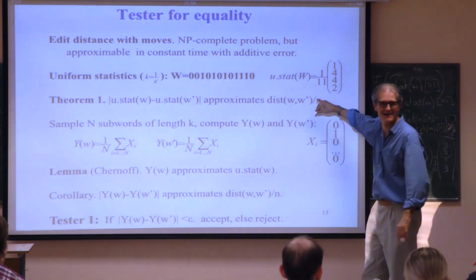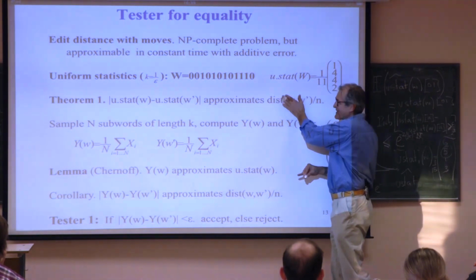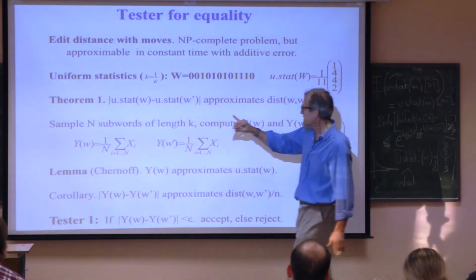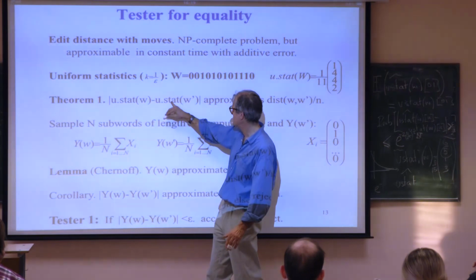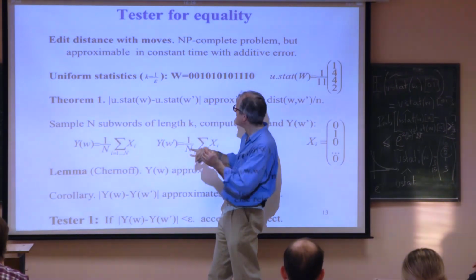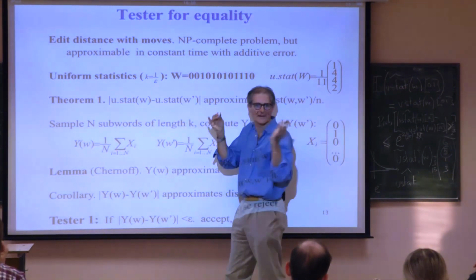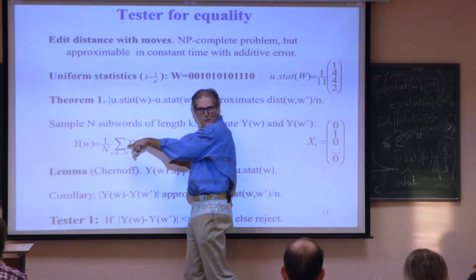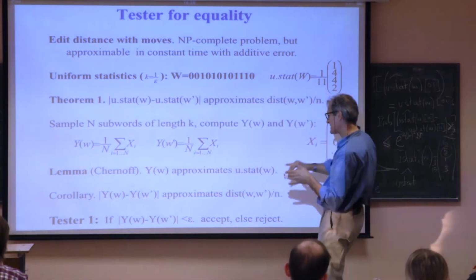Assuming this theorem, let's assume this, because otherwise we need to prove it. If I approximate this factor by y sub w prime, and I make sure that the approximation between this and this is smaller than, say, epsilon over 2, then I will make sure that the global error is less than epsilon.